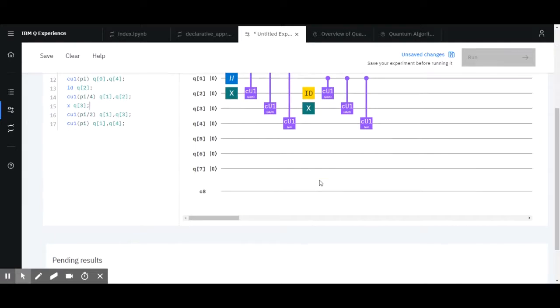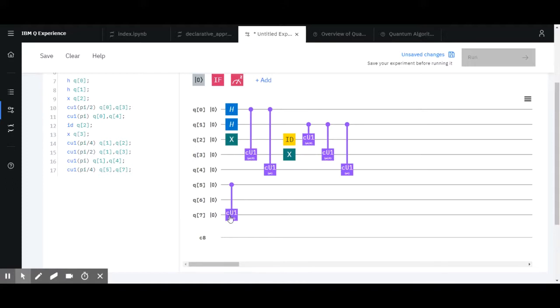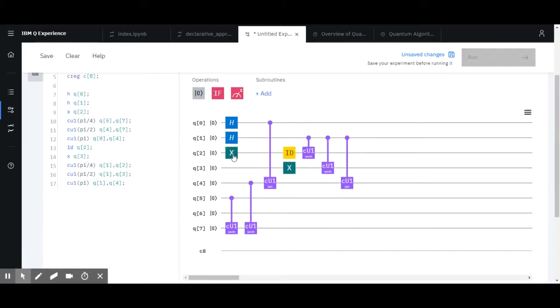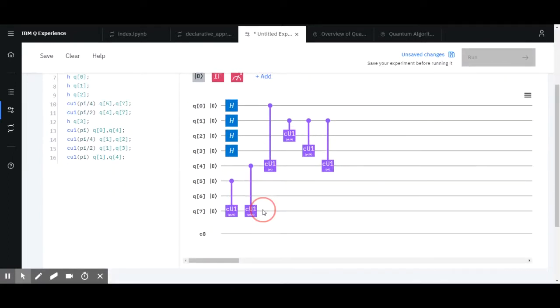Because if I add all these, I could literally move those things. So you could have your superposition encoded here, and say, I want to use a 4 qubit superposition, and then kind of do from qubit 4.